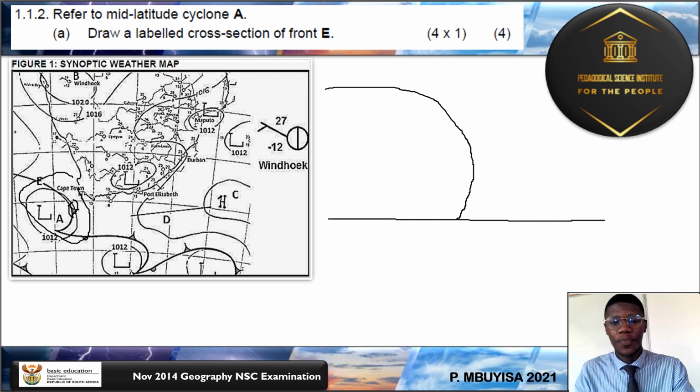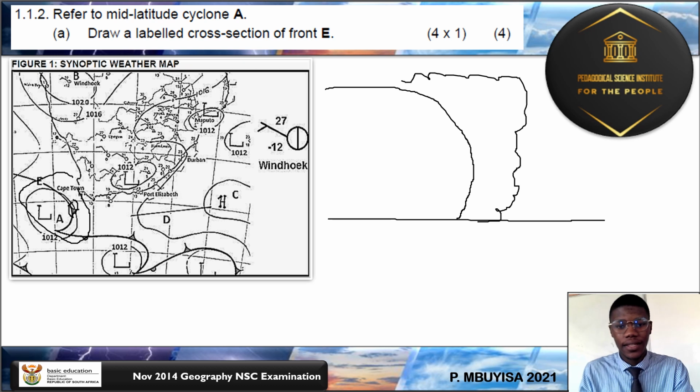And then another aspect of it, you have your cumulonimbus clouds in front of your cold front. Okay, so you'll have your cumulonimbus clouds over there, and we use the symbol Cb to demarcate that.